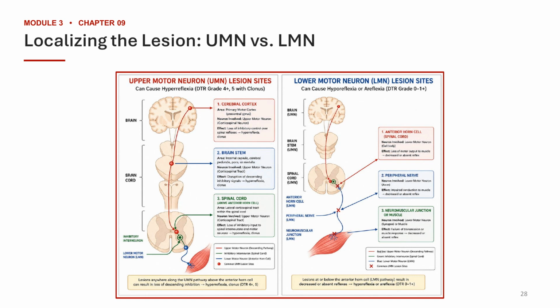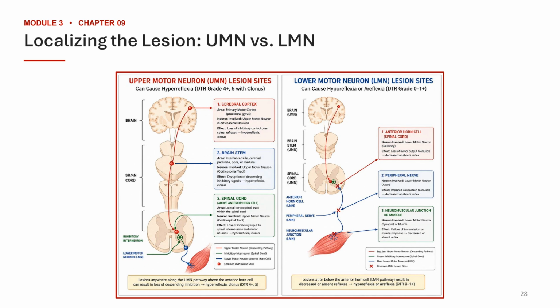This diagram is your visual synthesis of everything in this chapter, and it is the bridge into the cases that follow. Study the anatomical map. The corticospinal tract descends from the motor cortex through the internal capsule into the brainstem and down the lateral columns of the cord.